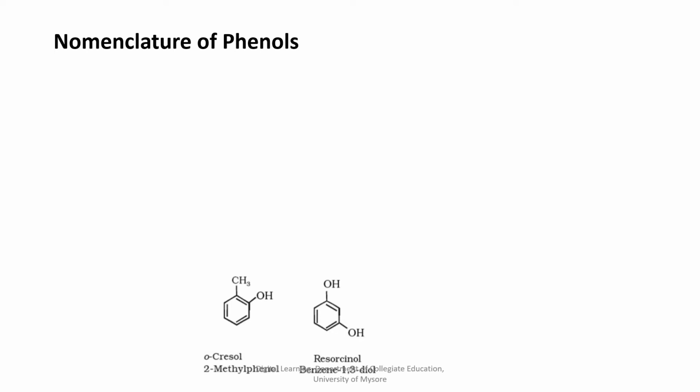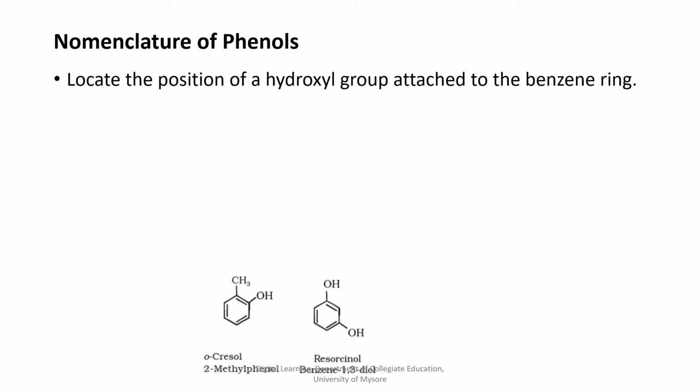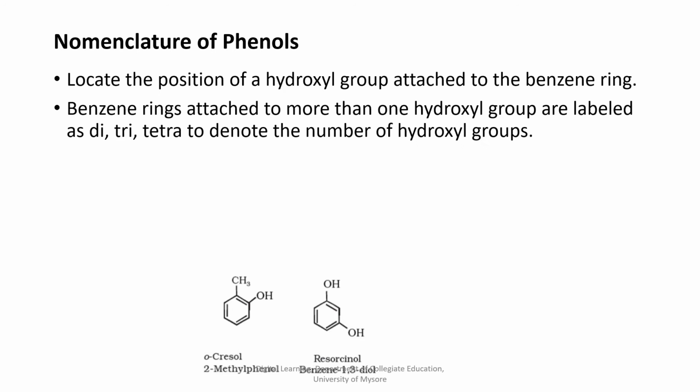Continuing with the nomenclature of phenols, how to name these phenols. First thing is we have to locate the position of the hydroxyl group attached to the benzene ring. The benzene rings attached to more than one hydroxyl group are labeled as di, tri, tetra to denote the number of hydroxyl groups.